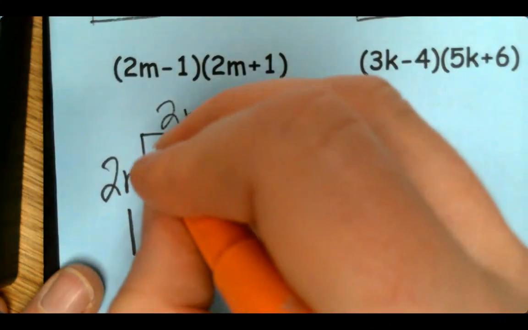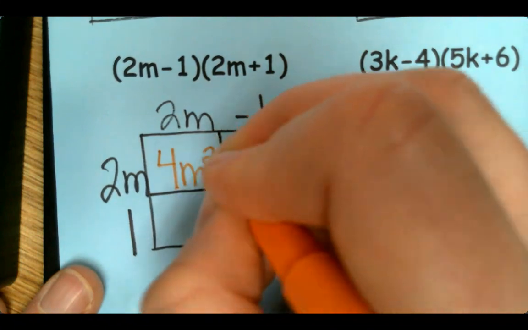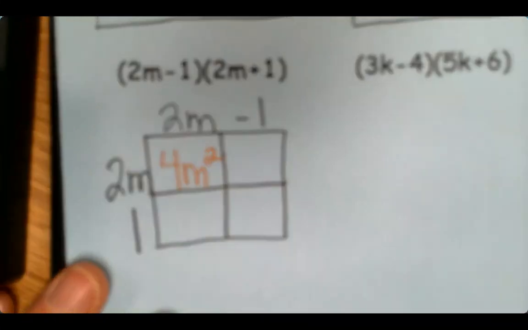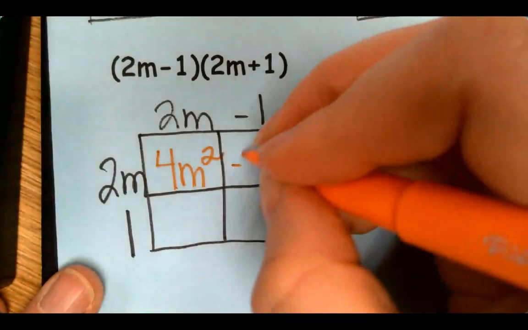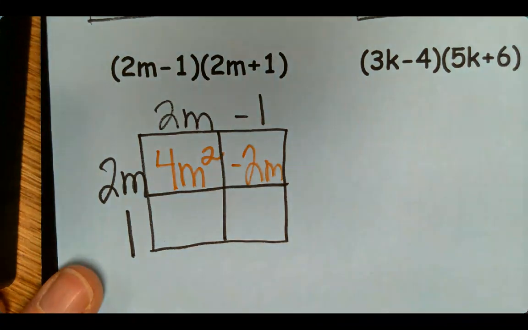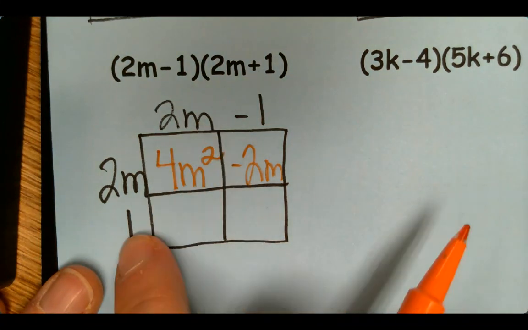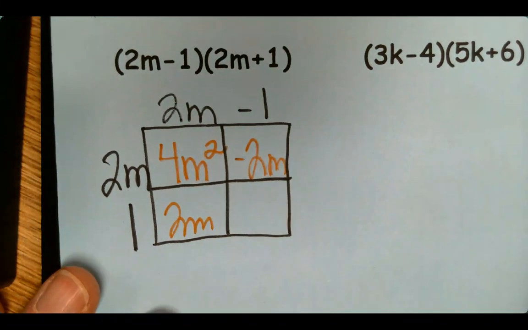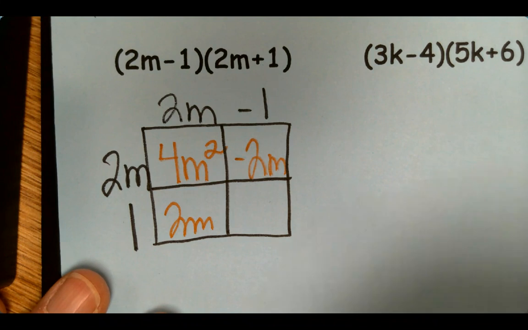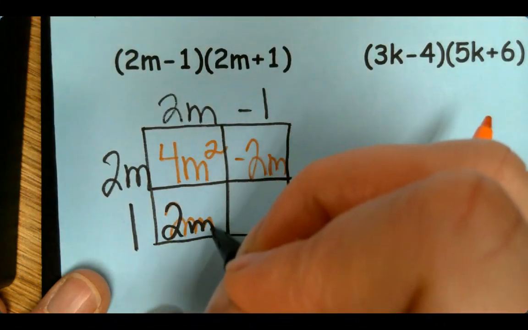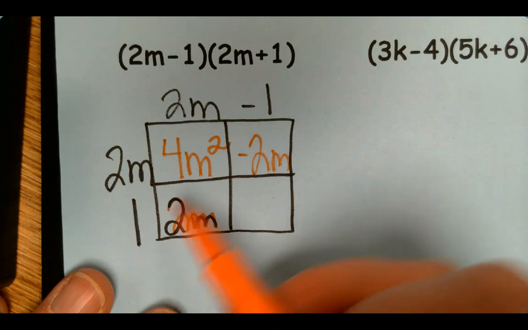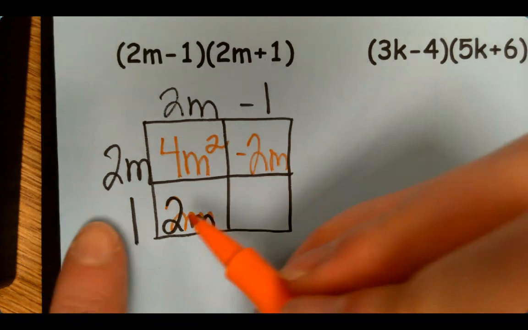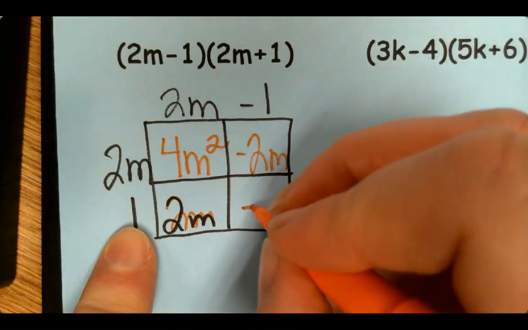What's 2 times 2? 4m squared. 2m times a negative 1. Yep, negative 2m. 2m times 1. 2m. That looks kind of funny, but that's a 2m. There we go. 1 times a negative 1. Negative 1.